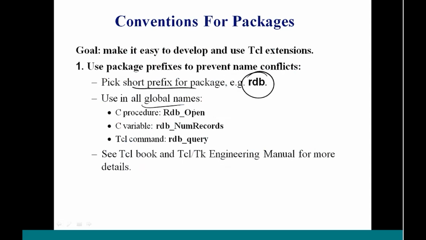So a C procedure will have Rdb_Open, a C variable will have rdb_NoOpen, things like that, and then Tcl will have rdb_query. This way, if we follow these definite prefixes, we can be successful in using the Tcl extension.